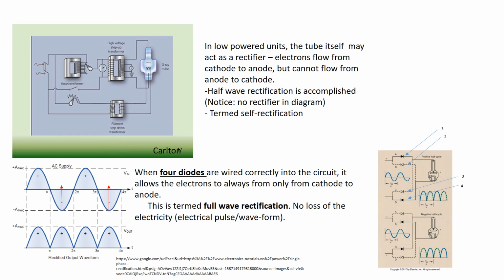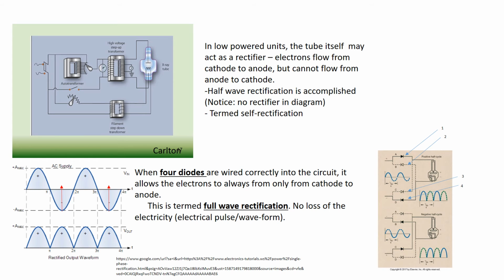If we look at the top drawing, this is out of Carlton. In low-powered units, the tube itself may act as the rectifier. I want you to look at this drawing in Carlton and notice, after the step-up transformer but before the tube, there's no rectifier that's really drawn in there. If it's low power, what can happen?